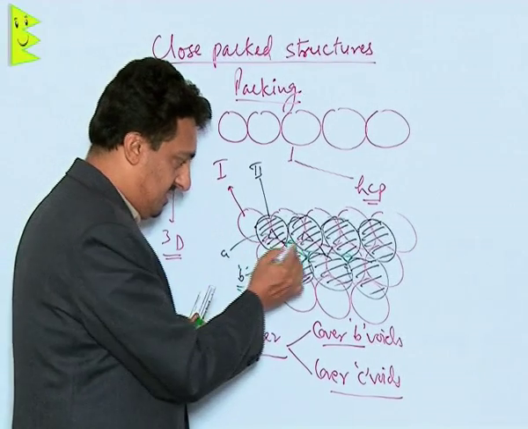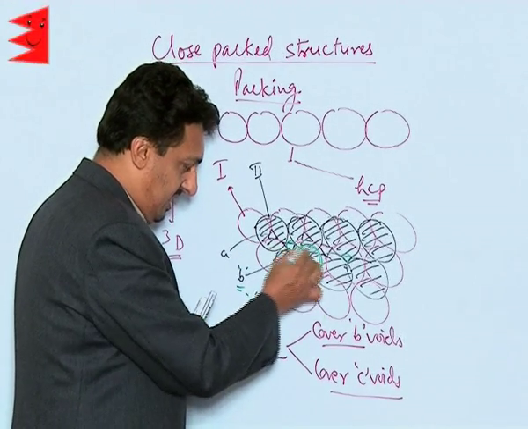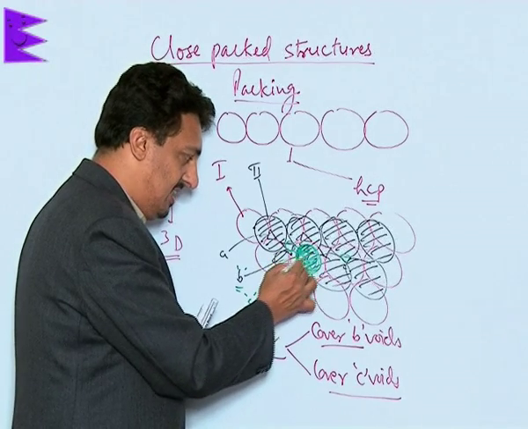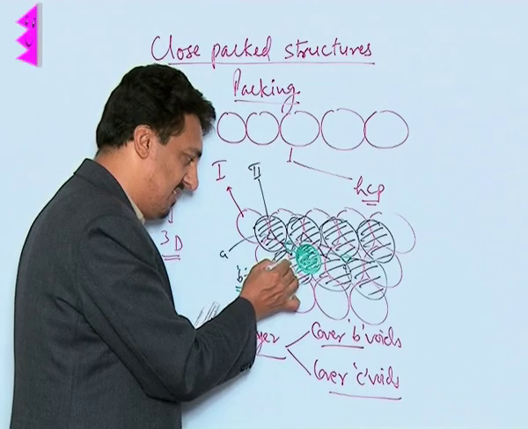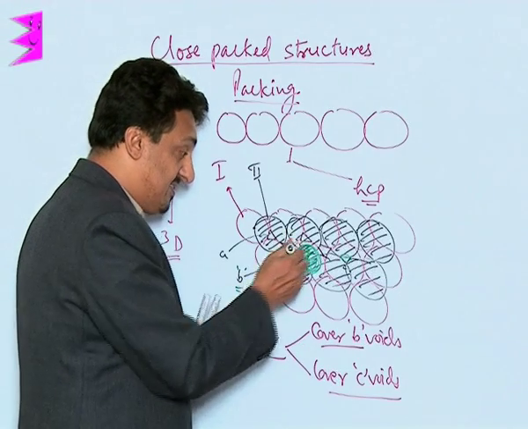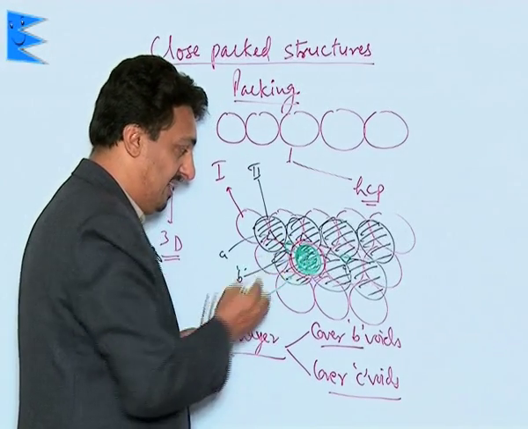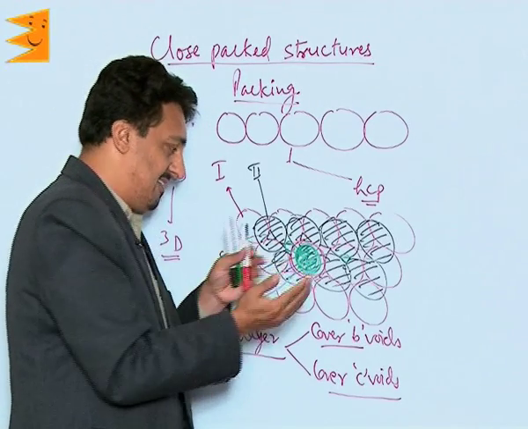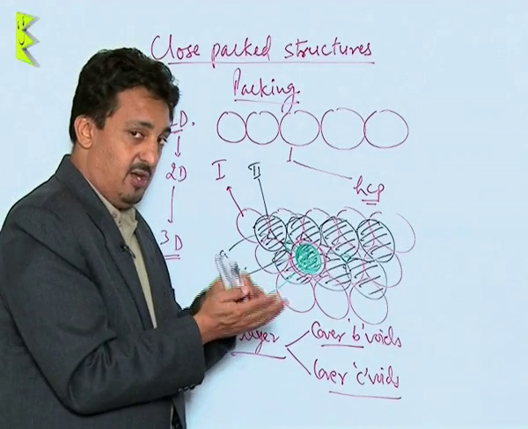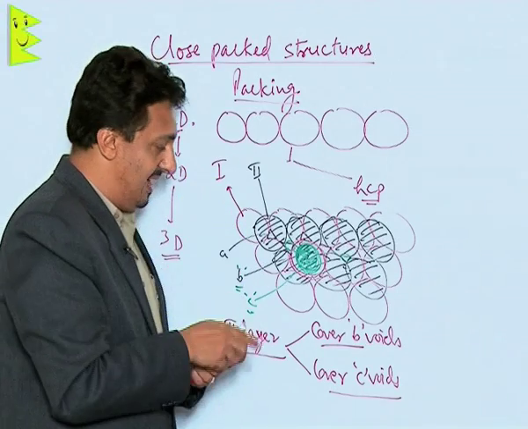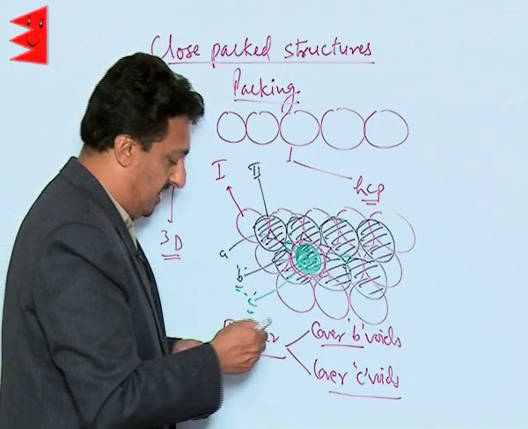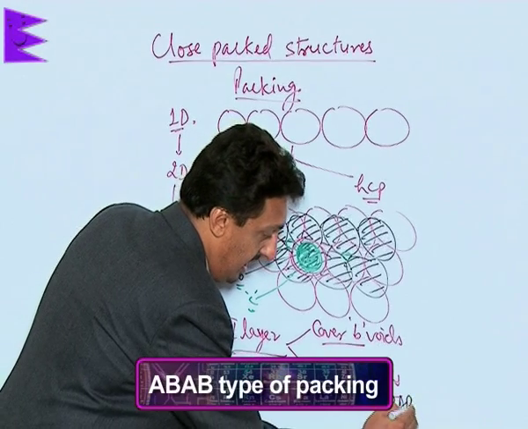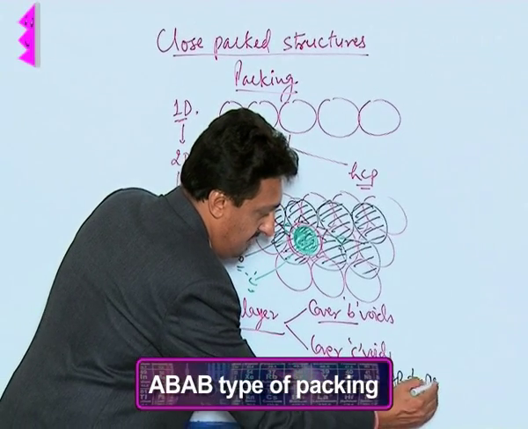I'm again drawing it with the green marker. C is this void. If this is covered, you can easily make out that this green colored ball is exactly above this first layer particle, which is drawn with the red color marker. So this green and red are lying one above the other. So it means the first layer resembles the third layer. And that's why when the C void is covered, the type of packing which we get is called AB type of packing.